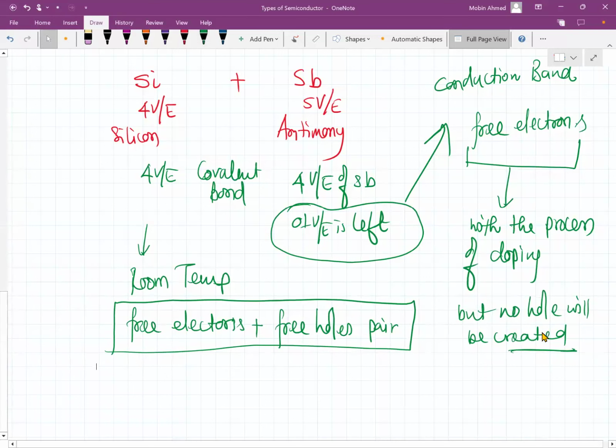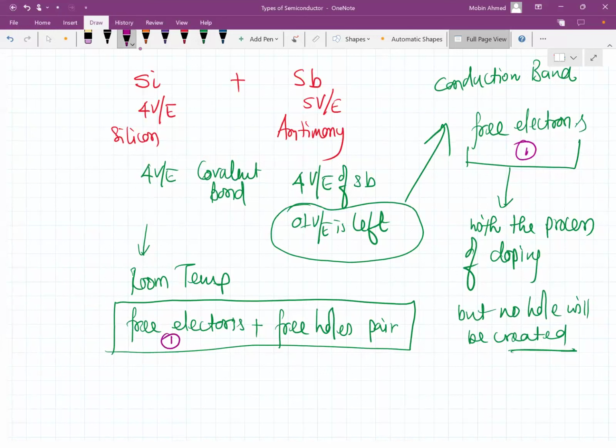So if you see these free electrons plus these free electrons, this becomes the majority carrier, the majority free electrons.